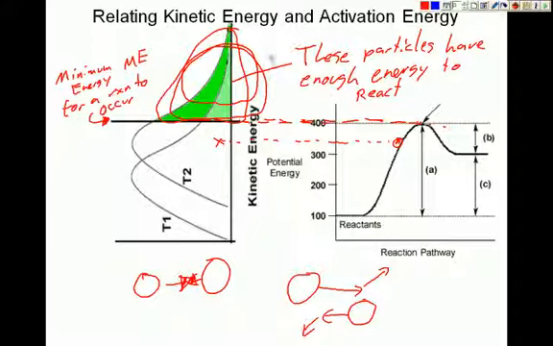So there are a few things they need: enough energy, they need to hit, and they need to hit each other correctly for a reaction to successfully occur. We'll talk a little bit more about that next time.